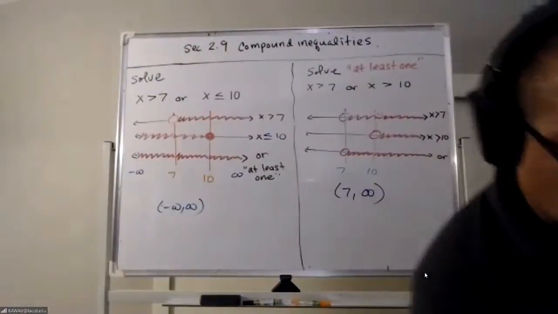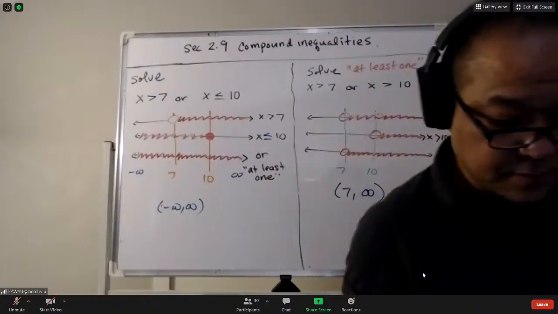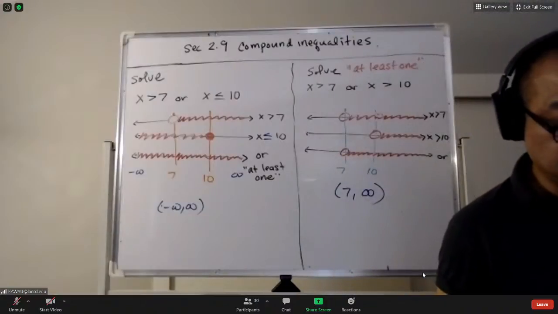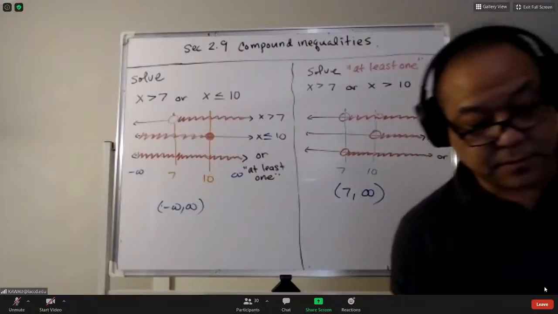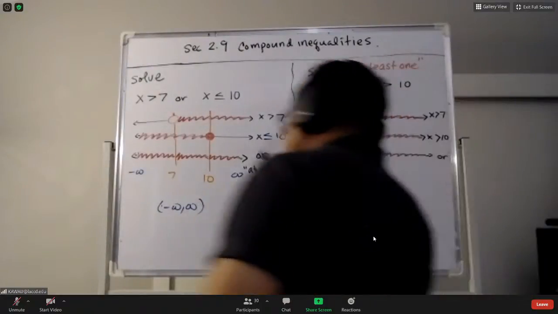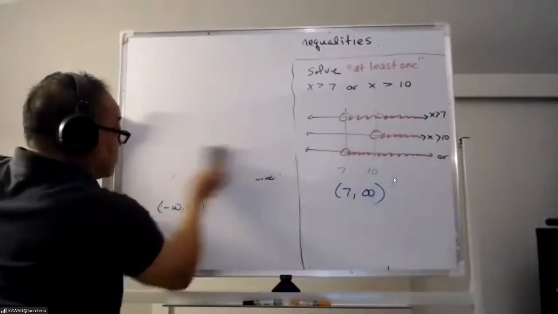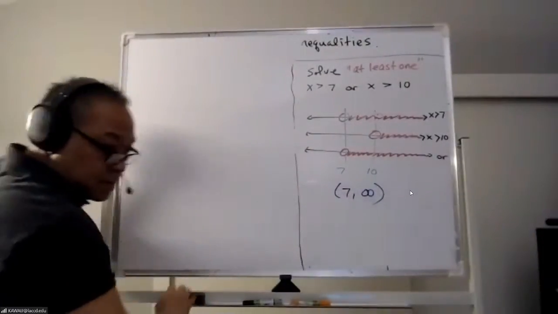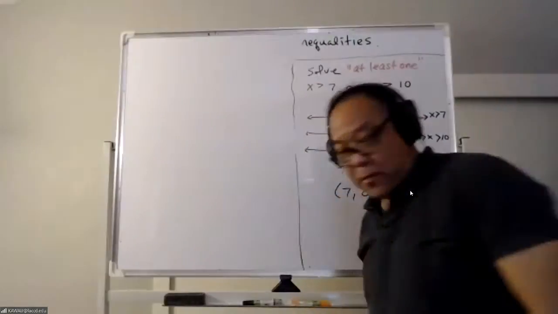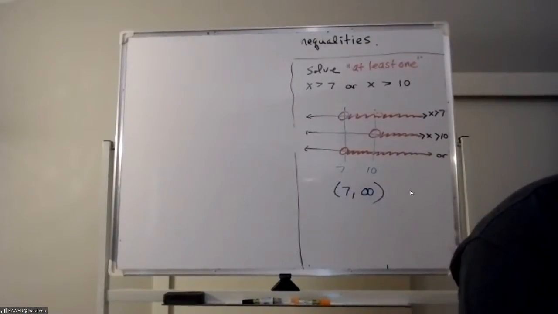Sometimes there's fractions, so it's hard to see. I'm looking at the chat. I'm unable to put the inequality symbols there. I'll just send you a text then.